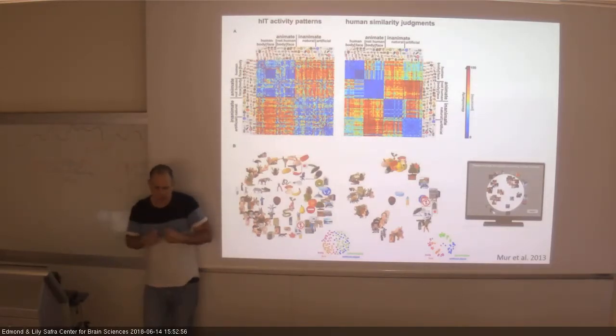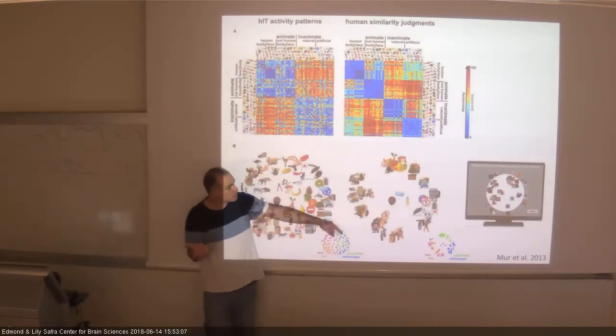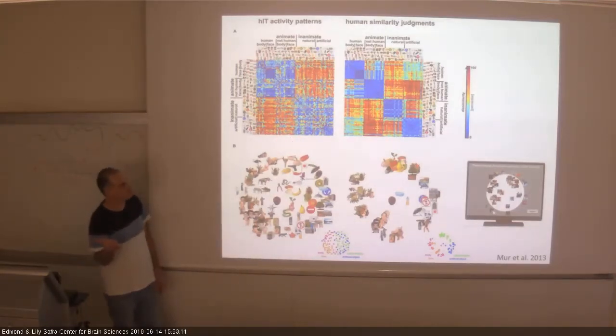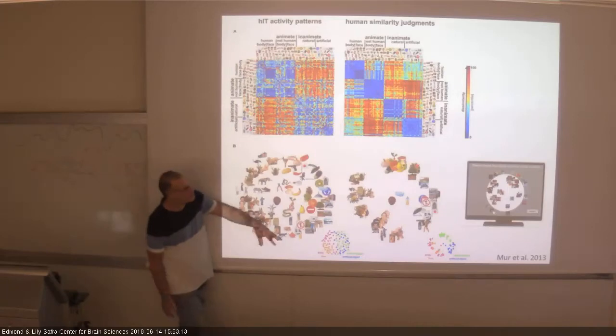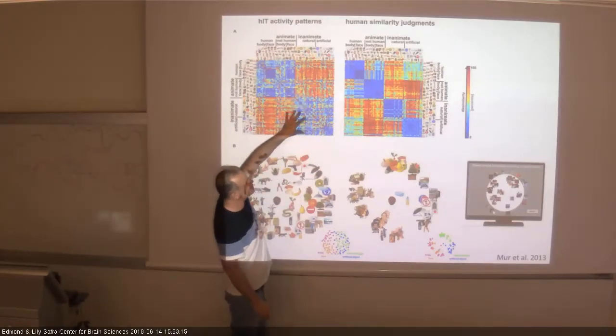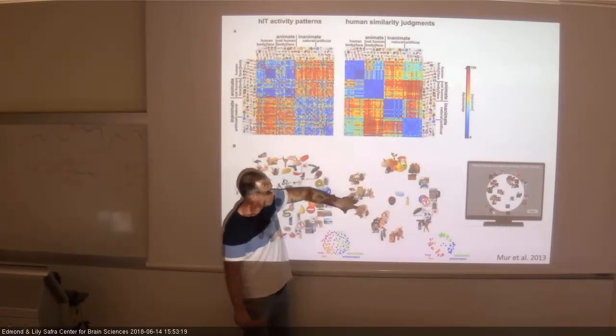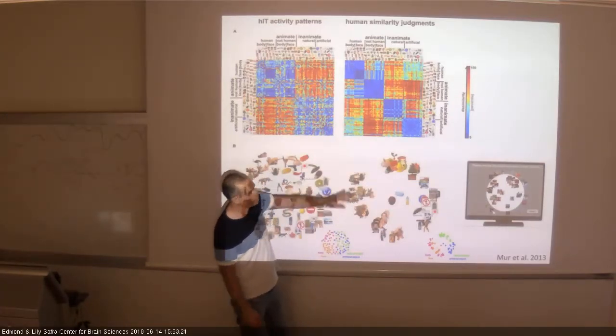People in this case were told to put the objects according to similarity. And you can see how much this intuitive division of the objects matches what's in this example the inferior temporal cortex. In other words, how much of the variance here can be explained by this behavior.